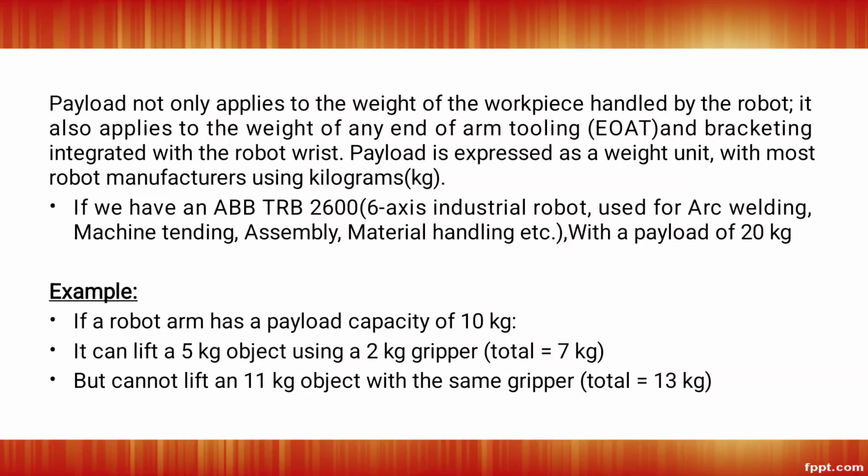But it cannot lift an 11 kg object with the same gripper, because the 11 kg object plus the 2 kg gripper is a total of 13 kg. The load carrying capacity of the robot arm is only 10 kg. So the robot can carry equal to or less than 10 kg. It cannot carry 11, 13 or anything above 10 kg.